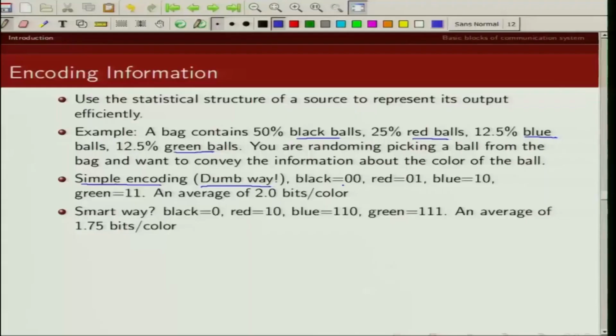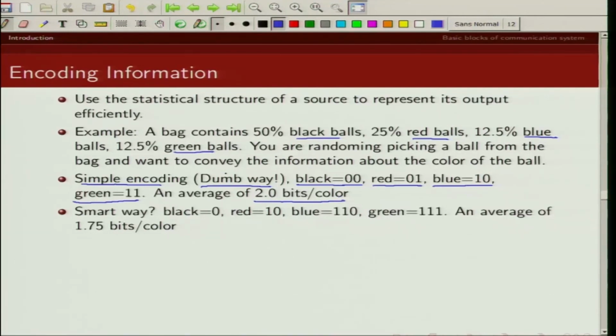For example, I can use 0 0 to represent a black ball, 0 1 to represent a red ball, 1 0 to represent a blue ball, and 1 1 to represent a green ball. Now if I do this, on an average, I am requiring 2 bits to represent a color.